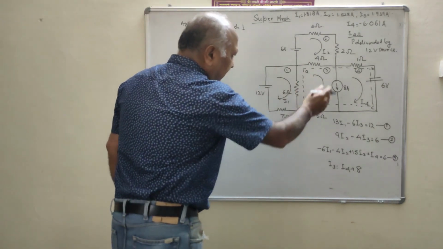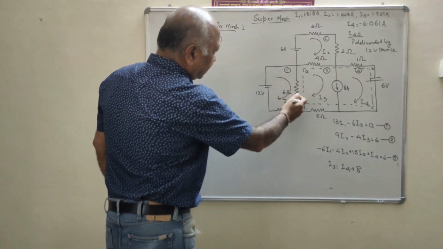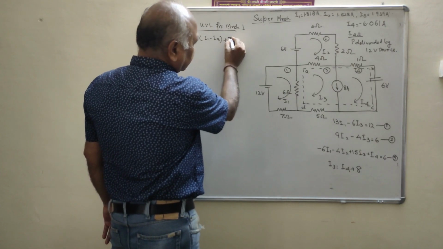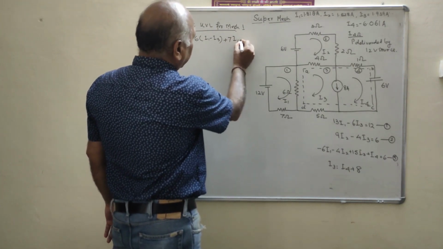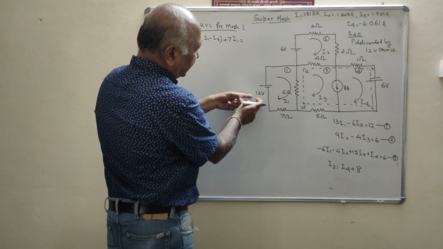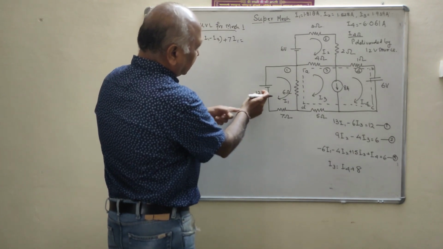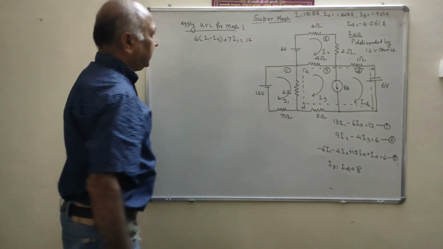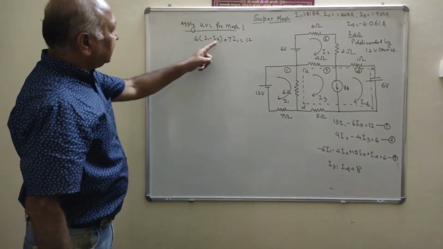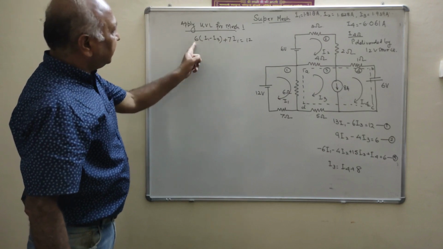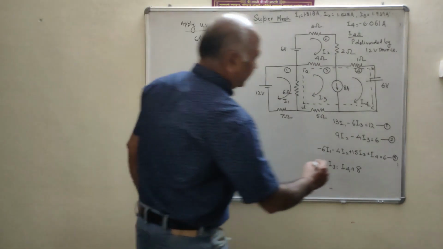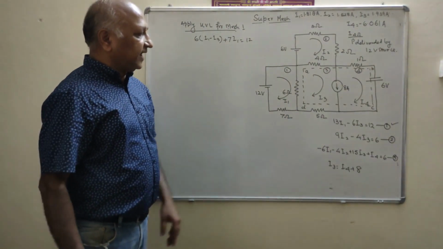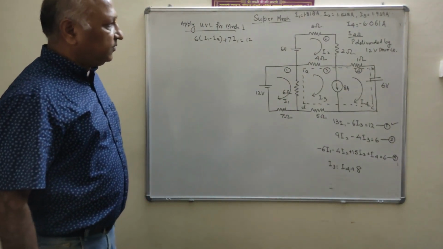I1 is downward, I3 is upward, so the resulting current is I1 minus I3, plus 7 I1. And what is the value of the voltage? Plus 12, because the current is going from negative to positive. That is the 12. Now 6 and 7 make 13, minus 6 I3. That means equation 1 is 13 I1 minus 6 I3 equals 12.